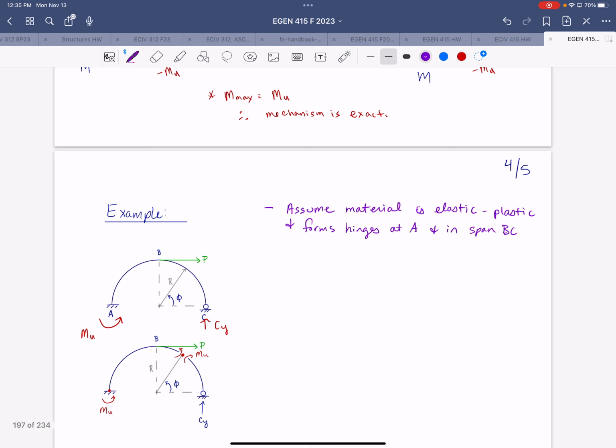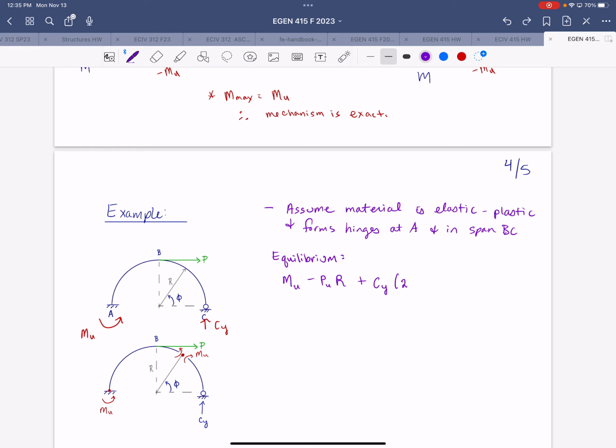So for equilibrium to be satisfied, we're just going to solve for Cy in terms of Mu and Pu. So say Mu minus Pu times moment arm of R plus Cy times a moment arm of 2R.